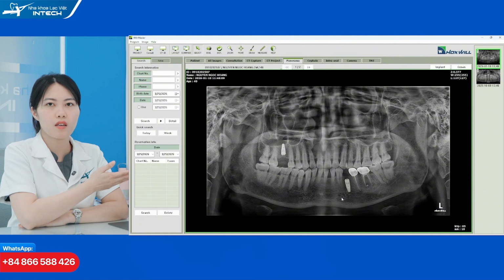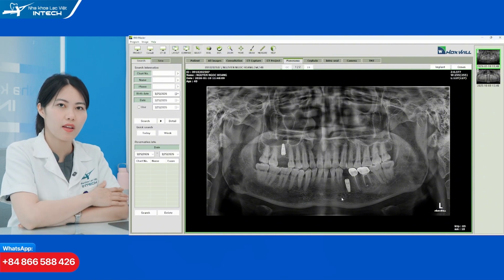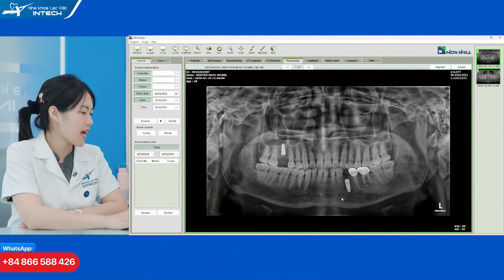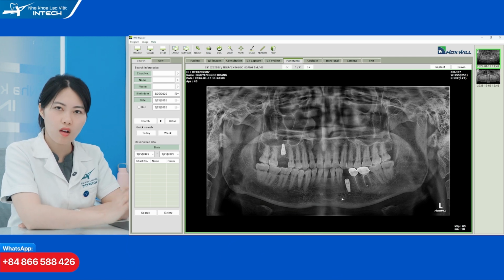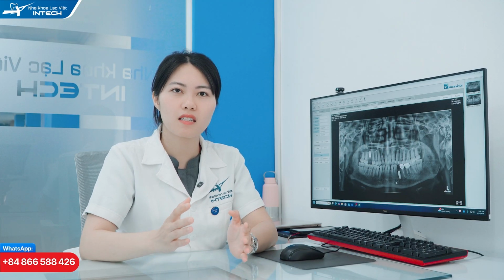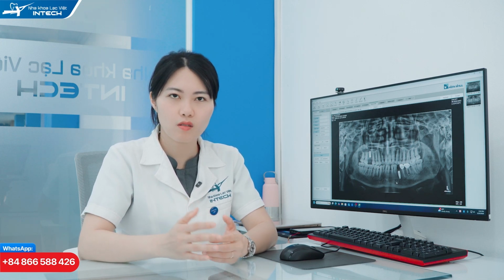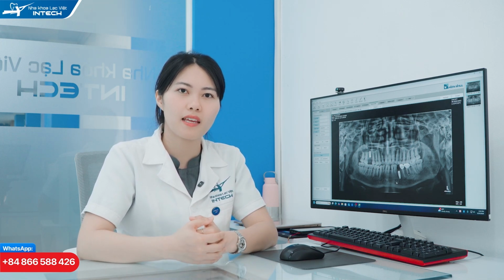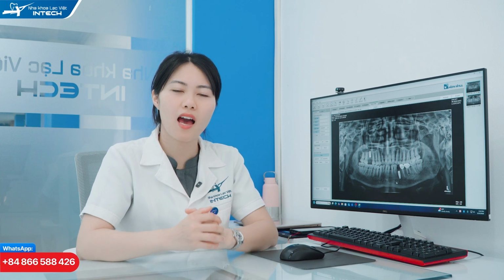This is an immediate post-operative radiograph. As you can see, 2 implants are placed in the correct position, and we will continue to monitor the patient during the healing phase. So this is a classic case that highlights the importance of proper diagnosis and staged treatment planning in achieving predictable implant outcomes.